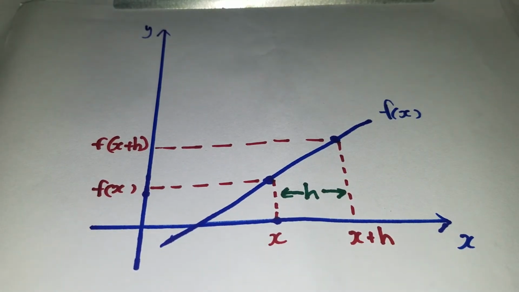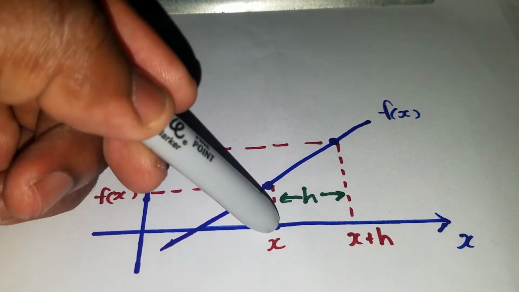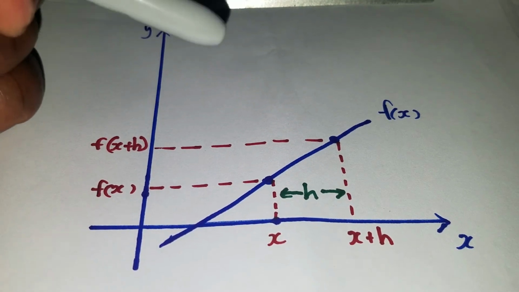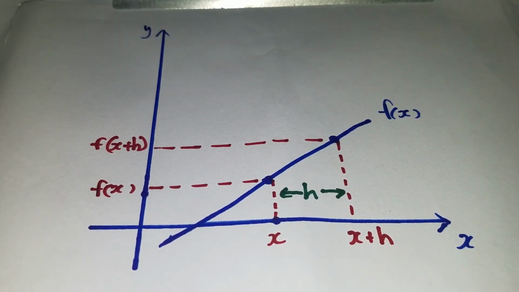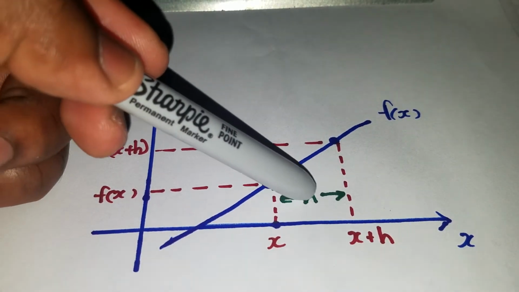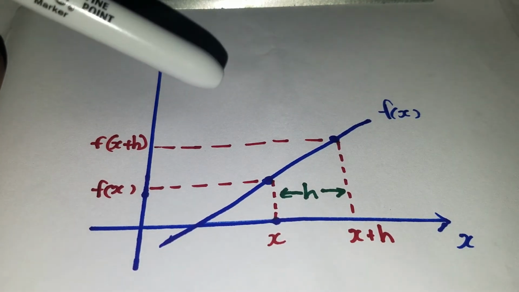However, in this case, the gradient would be the gradient of the function at an instantaneous point, meaning the difference from x to x2 is so small to the point where it is almost approaching zero. Now, this is an exaggerated view, but really and truly, this distance here, which is represented by h, is an extremely small distance.